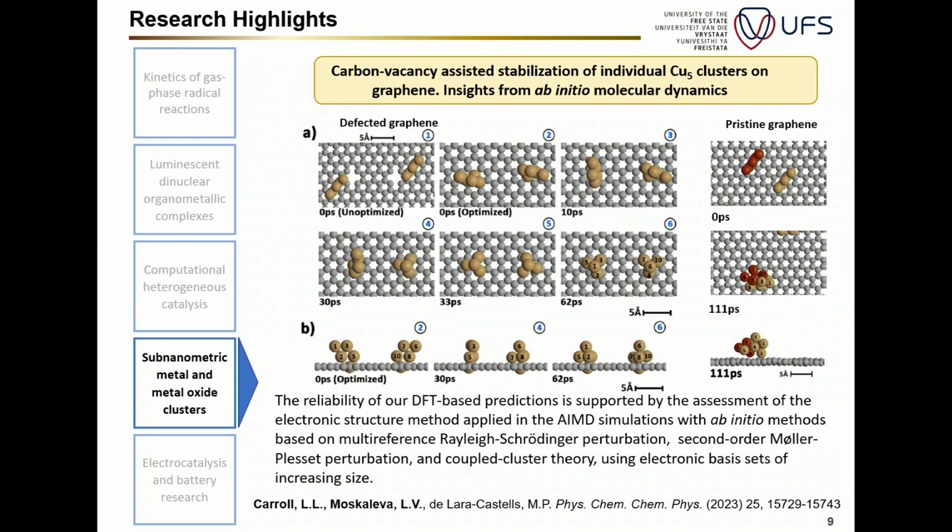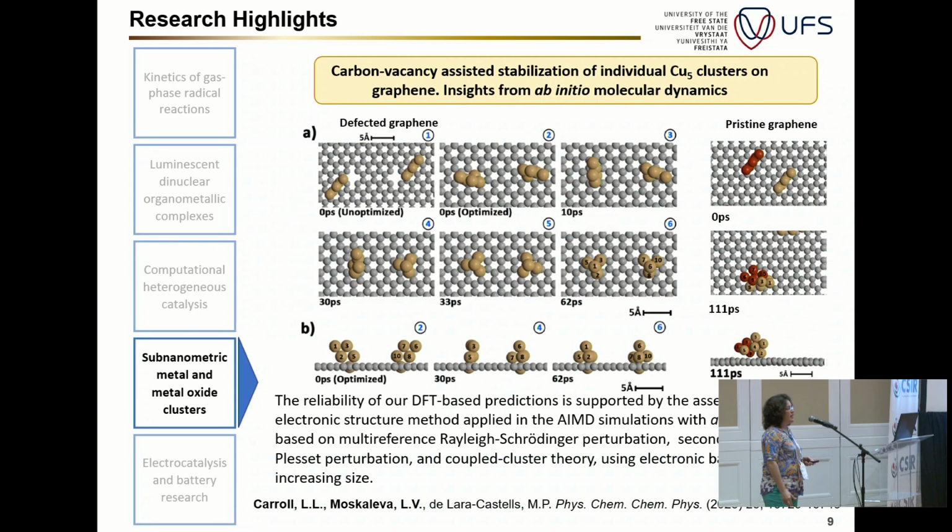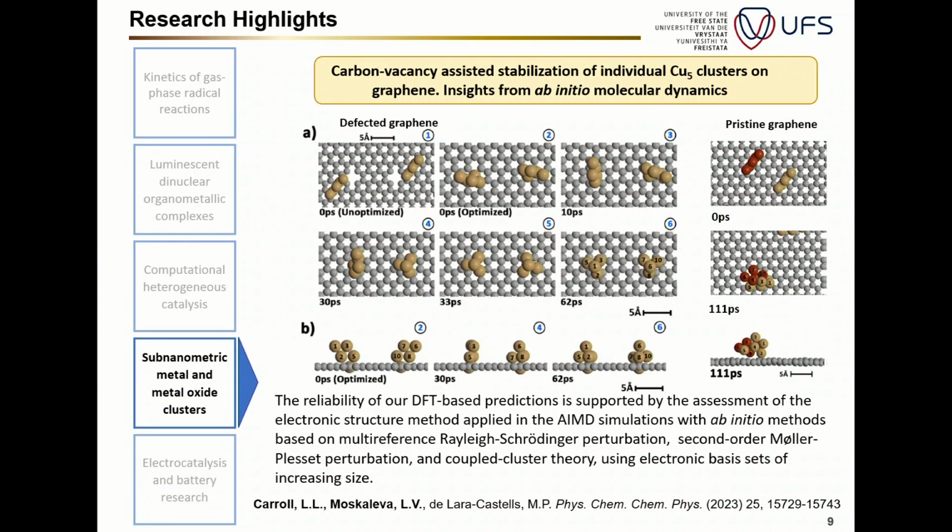Our results based on density functional theory predictions were supported by the analysis based on higher level post-Hartree-Fock methods based on coupled cluster theory and multi-reference perturbation theory, and also using electronic basis sets of increasing size.